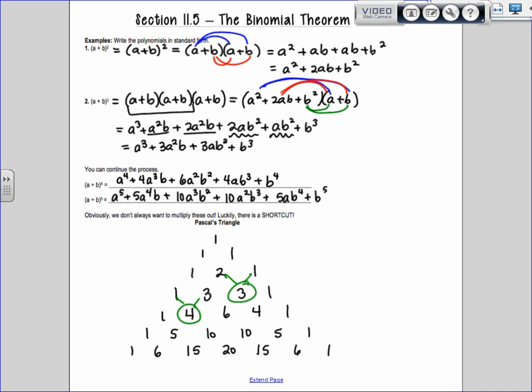Okay, it's very symmetric. So if I have this next row, 1, 7, 21, right? I'm just adding the two things above to get that number. And then I have 35, 35, 21, 7, 1. So each row serves as the coefficients for your equation.